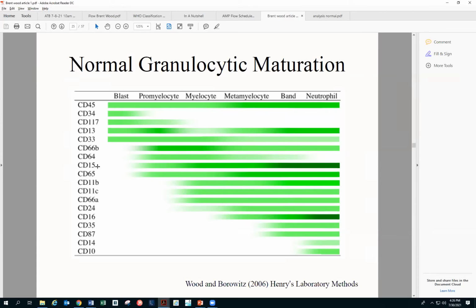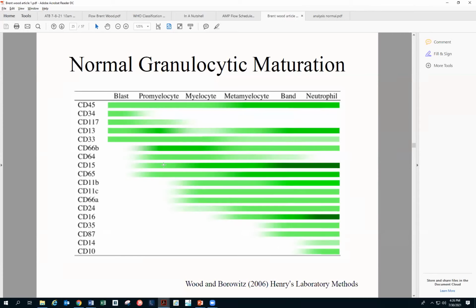If you have to remember, CD15 and CD16 are the two markers that are more of mature myeloid or mature granulocytic markers. Neutrophils will express CD15 and CD16 very brightly. CD14 is very low, if at all present, in the myeloid; it will be more in the monocytic lineage. So that's that. Do you have any questions based on this? Anything you want to add?